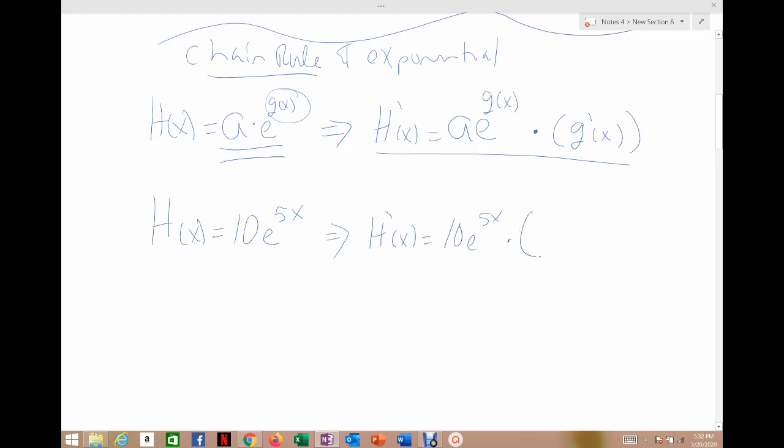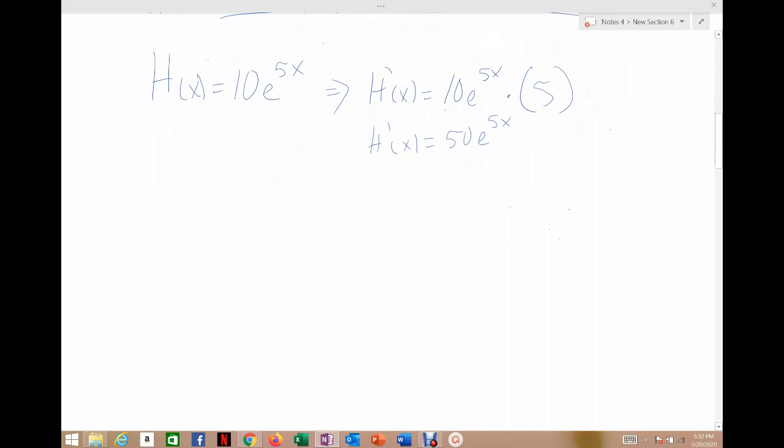Then I multiply by the derivative of the inside function. The derivative of the inside function is just 5. Right? So it's times 5. Right, and then we'll simplify that, right? I can take that 5 times that 10, so the derivative simplified would be 50e to the 5x. Alright, so the derivative of the exponential function 10e to the 5x is 50e to the 5x.